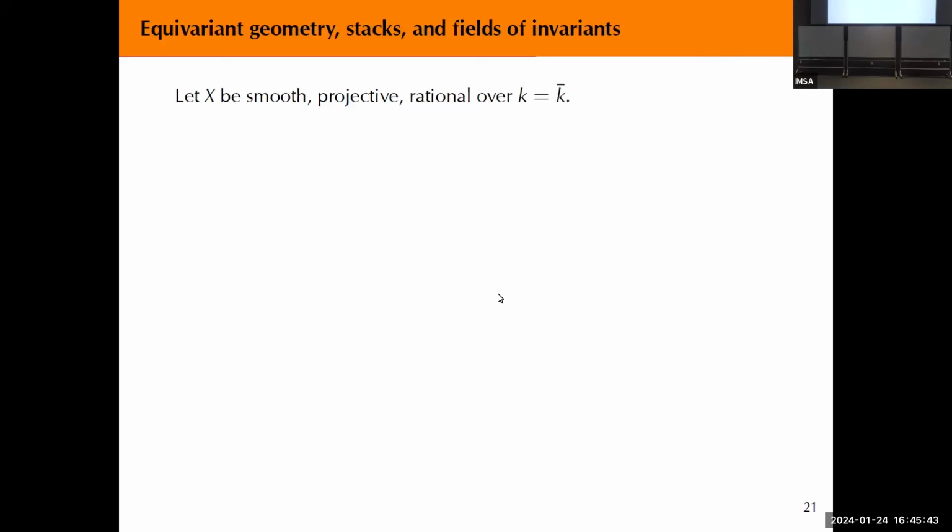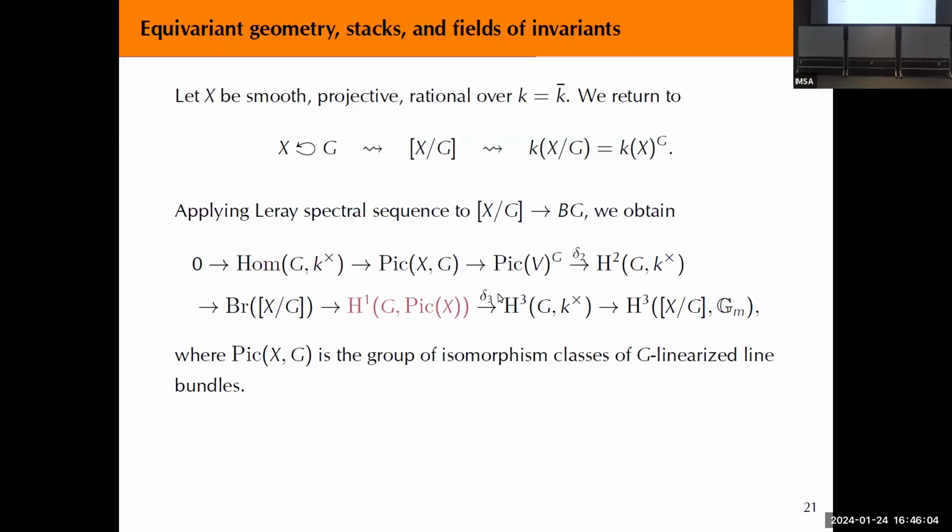So those are the main steps. And so again, a priori, we're looking at a completely classical problem, which is the Brauer group of a field of invariants, but that stacky thing turns out to be very helpful with this passage from group actions to invariants.